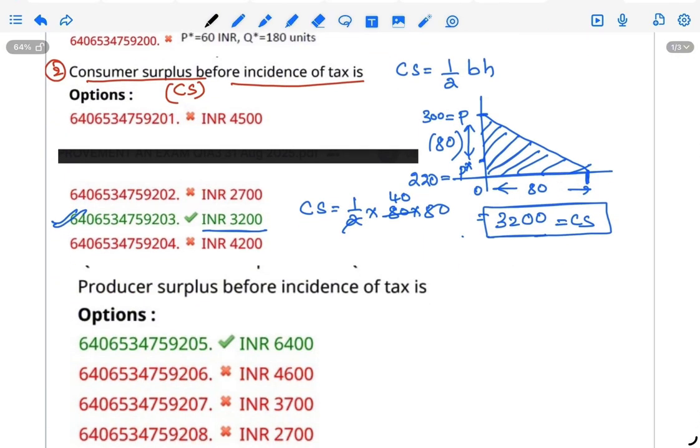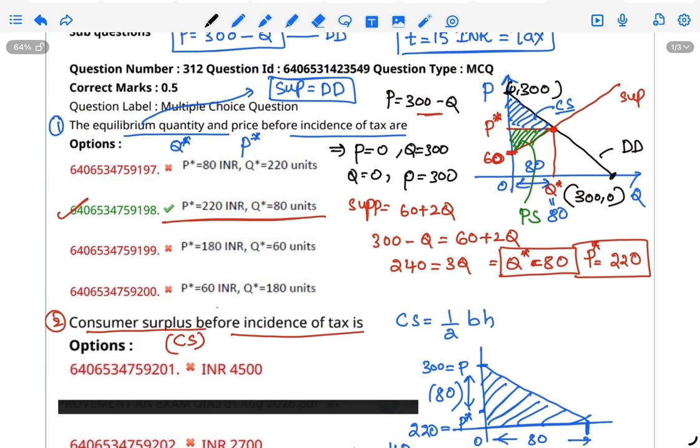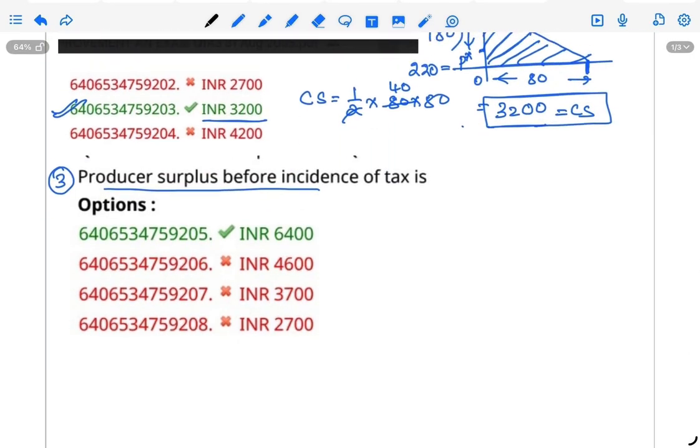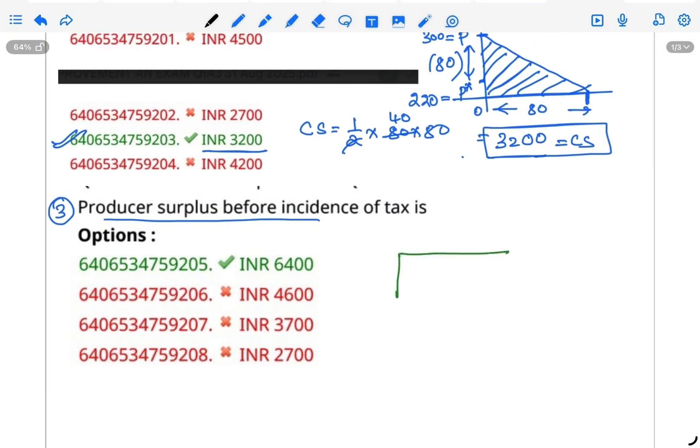Next, the third question: find the producer surplus before the incidence of tax. This green triangular area is the producer surplus.